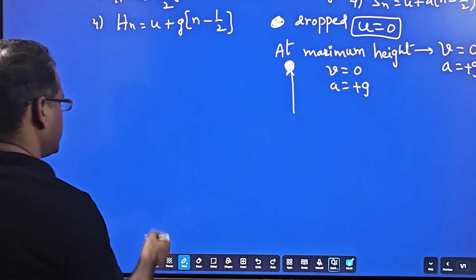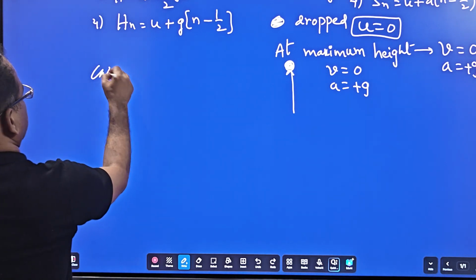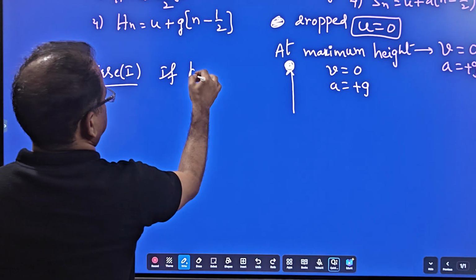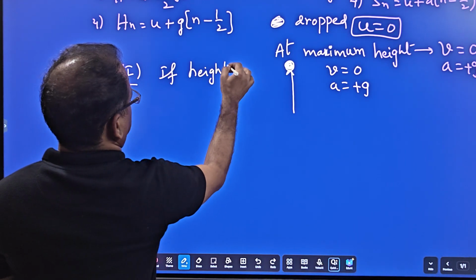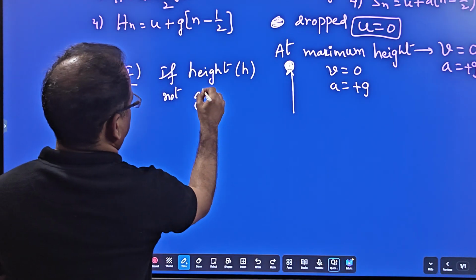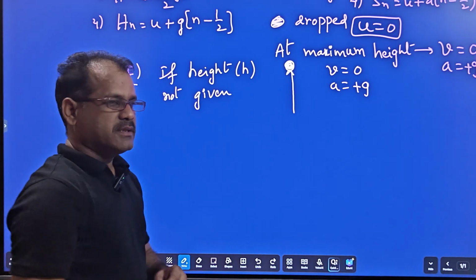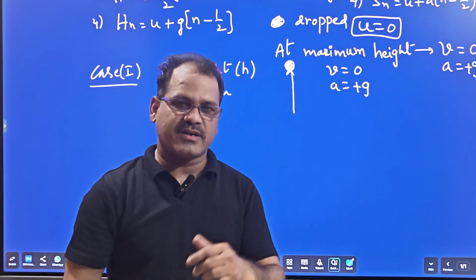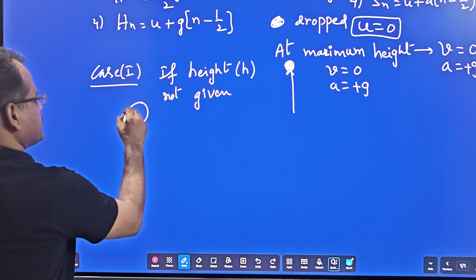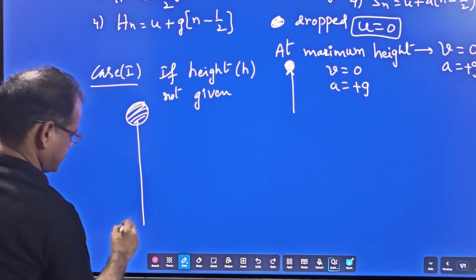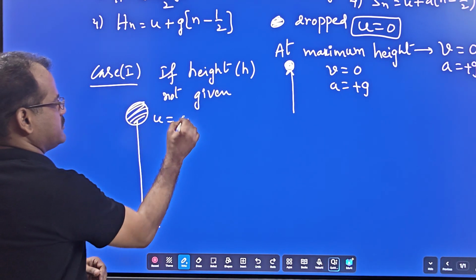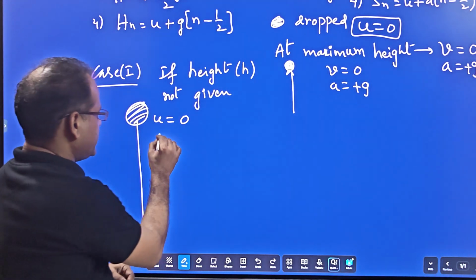So case 1, I am taking as height not given. Then what values can we calculate here, or what kind of questions do we get here? Let us observe. An object is just dropped from a certain height. Height value not given. Dropped means immediately we should know that the u value is 0 and acceleration should be plus g.